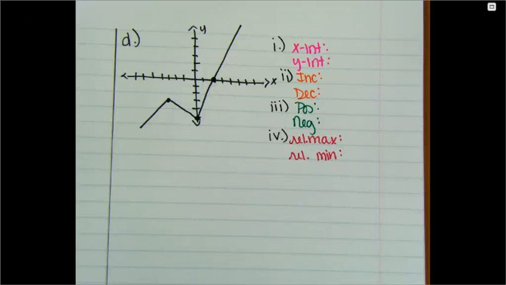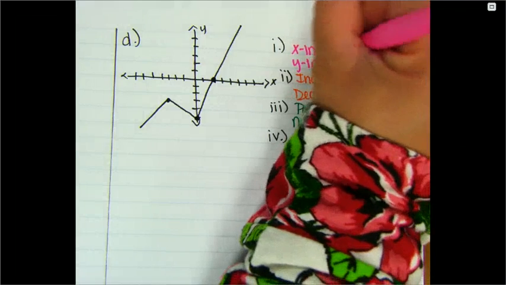Ready? Kinda. X-intercept is what? 2, 0.